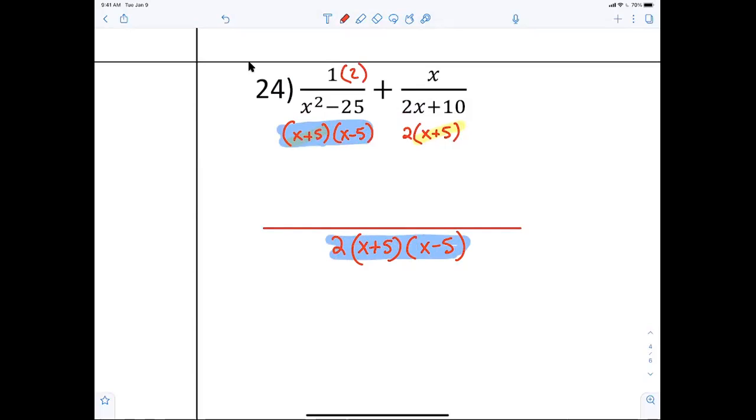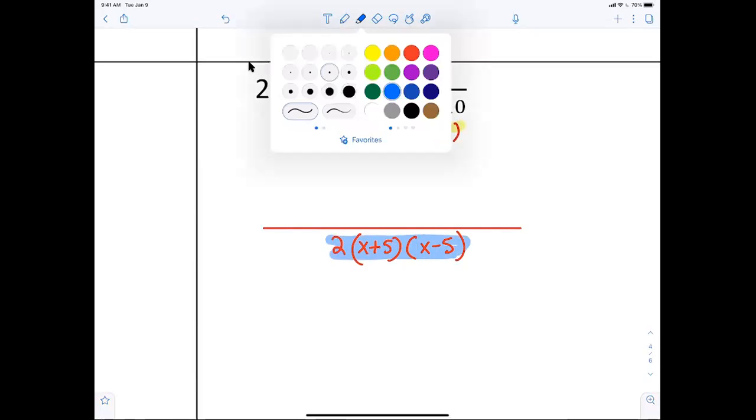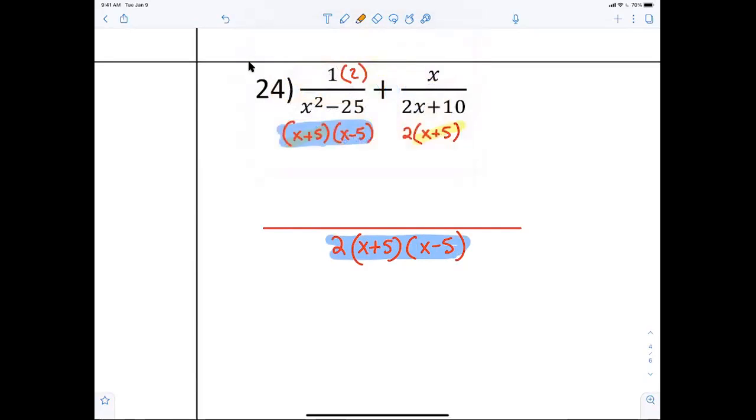Then you look at the common denominator and you just say, what's missing? Now, for the second fraction, Austin, what's missing? I want him to answer. Right, so you just come up here and put an x minus 5 in the numerator. And now you're good.